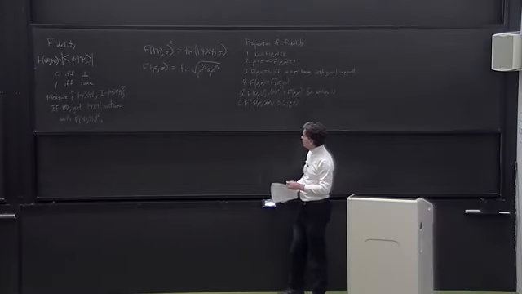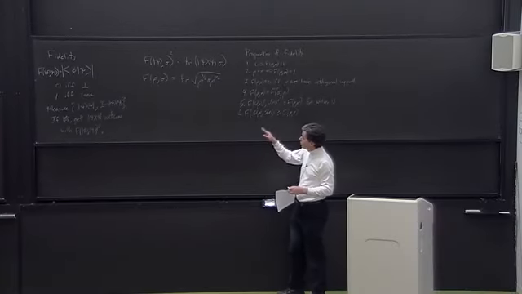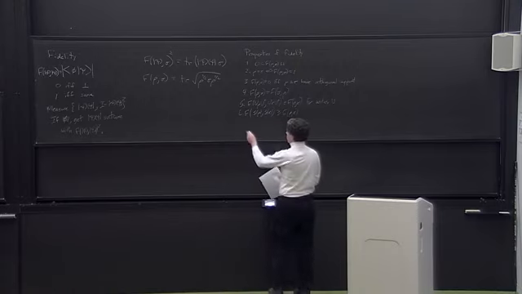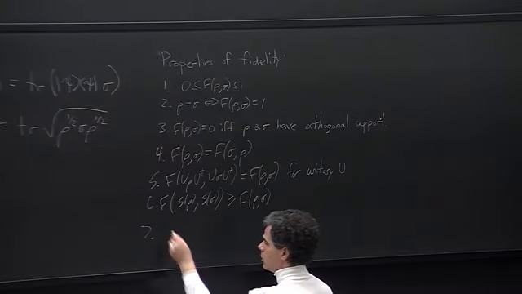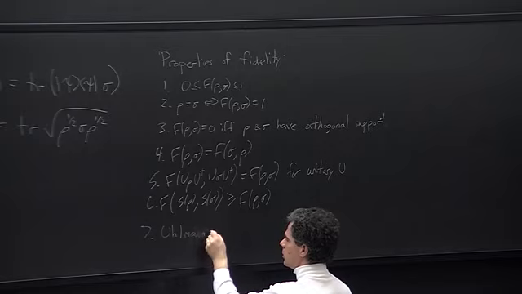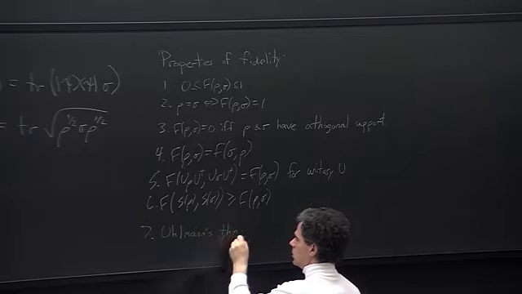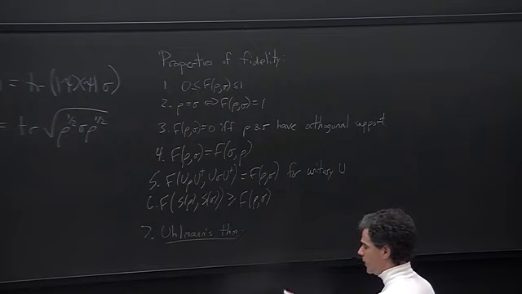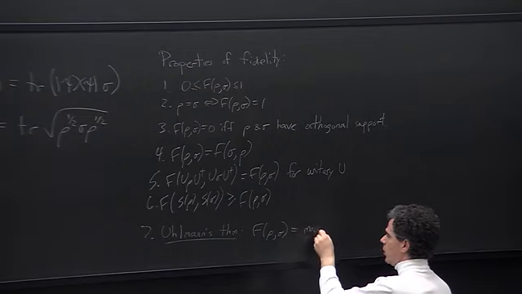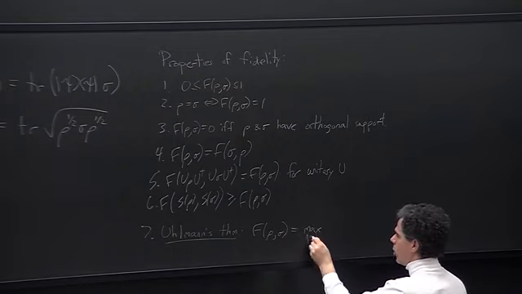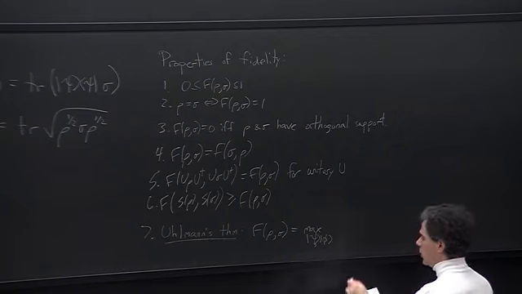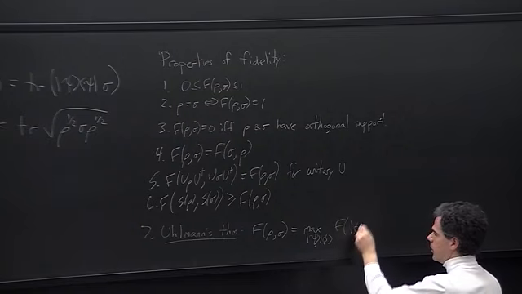OK? And then there's one more property, which is the one that really nails down that this is the correct definition. And that's Uhlmann's theorem. The fidelity of rho and sigma is equal to the maximum over all states psi and phi with some property of F of phi and psi.